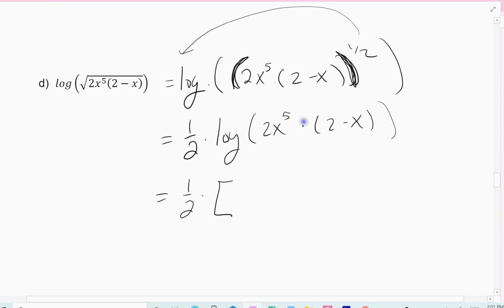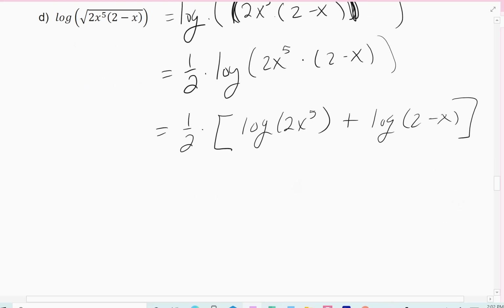My next step is to get rid of the times. So I'm going to rewrite this as the log of 2x to the 5th plus the log of 2 minus x. All still times a half, so that's what that bracket stands for. And then I can split the 2x to the 5th, so I still have my 1/2 out front, brackets.